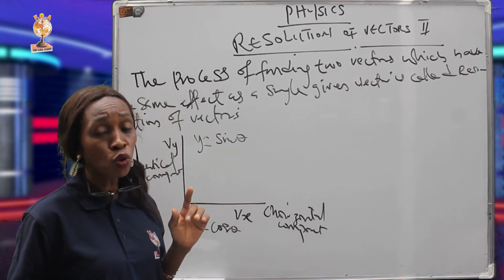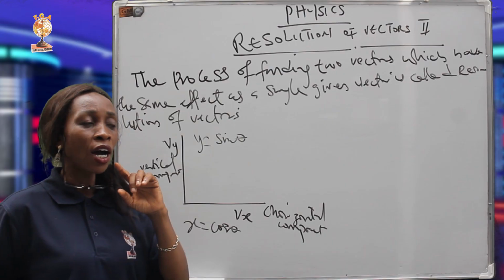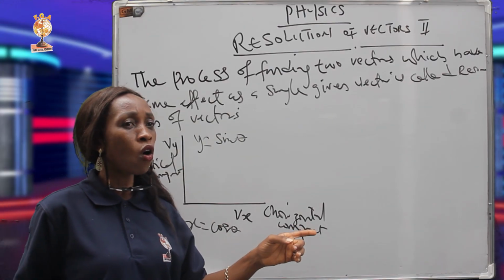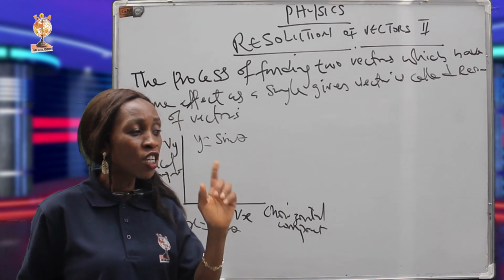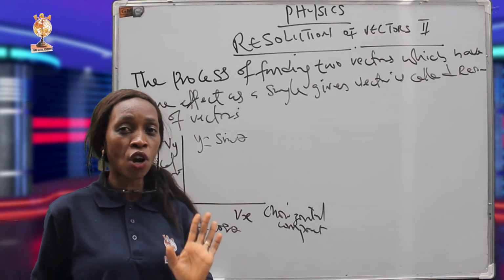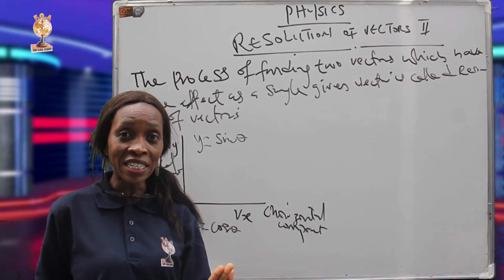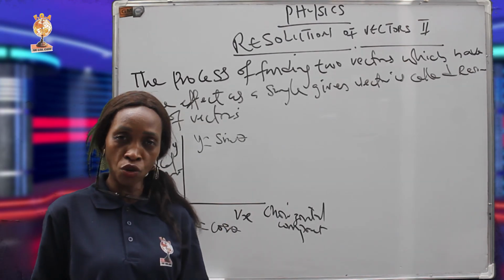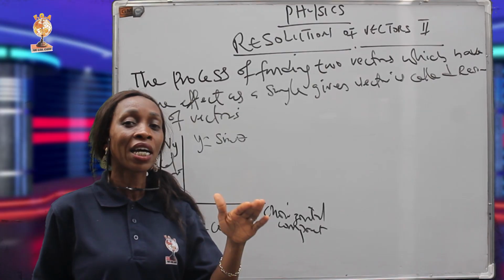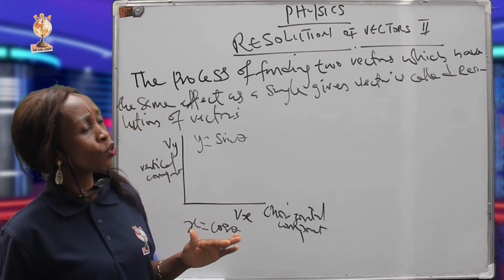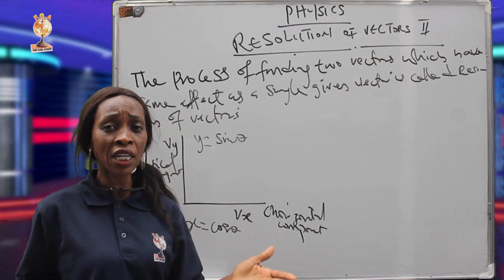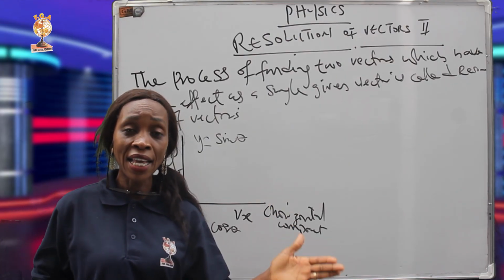If the two vectors are at an obtuse angle or an acute angle, you use the cosine rule. But if they are at a right angle to each other, which is 90 degrees, you use the Pythagorean theorem. And if it must be sustained at an angle, you use tan theta. If it is acute or obtuse and must be sustained at an angle, you use the sine rule.